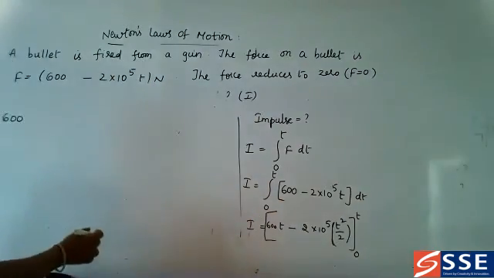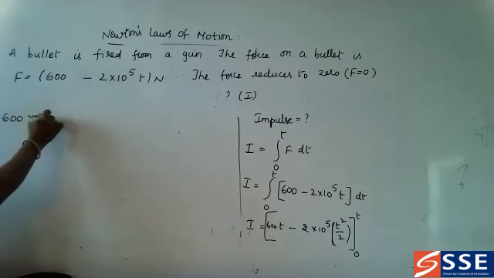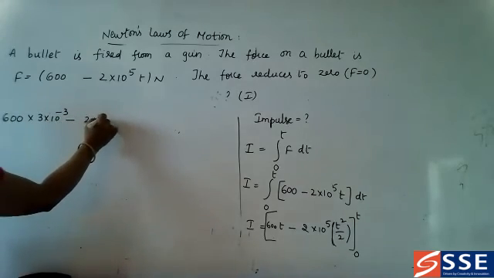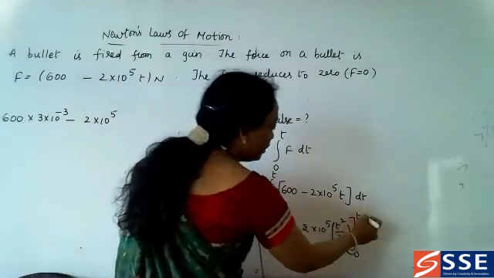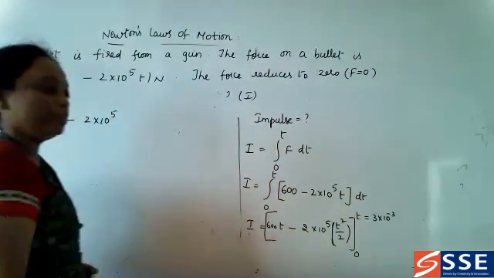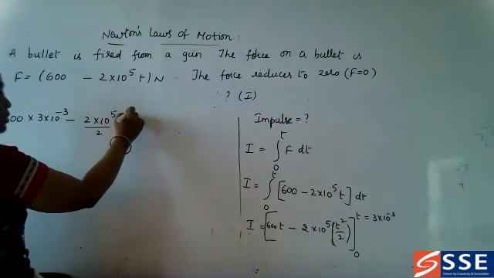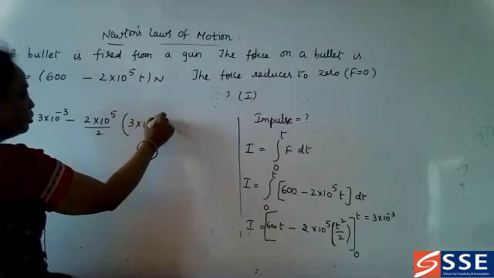T is 3 into 10 power minus 3, minus 2 into 10 power 5 into t square by 2. The t value here is 3 into 10 power minus 3, and t square value is 3 into 10 power minus 3 whole square.